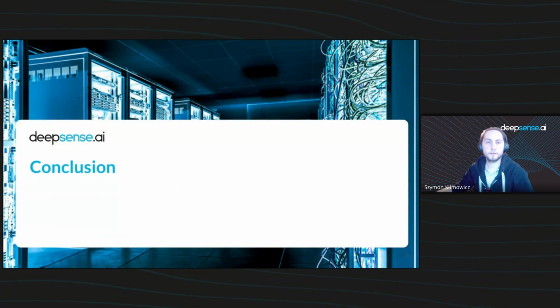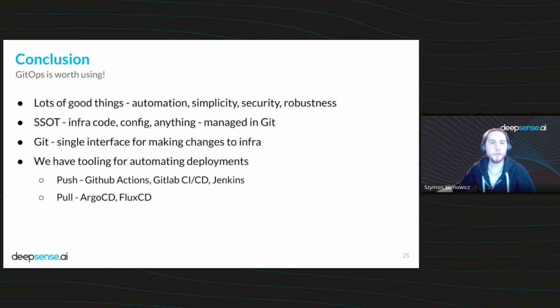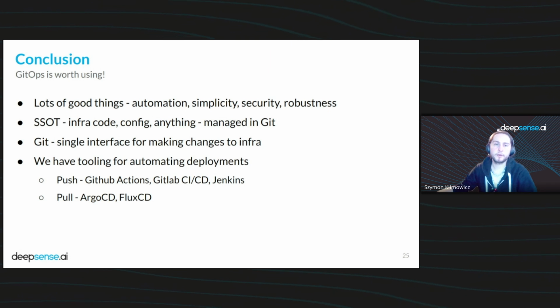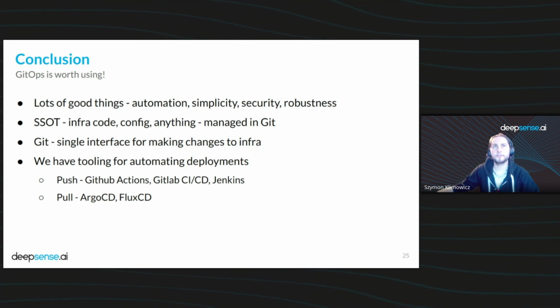Let's go there. So in my humble opinion, GitOps is very nice, and it's, of course, worth using because it has a lot of good things. It provides us with automation and with simplicity, security, and robustness for managing deployments. We are using the single source of truth approach for the infrastructure.